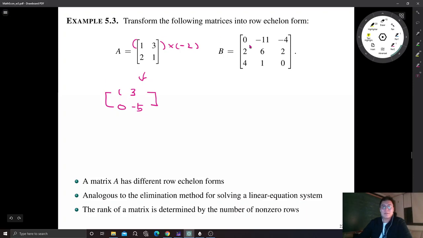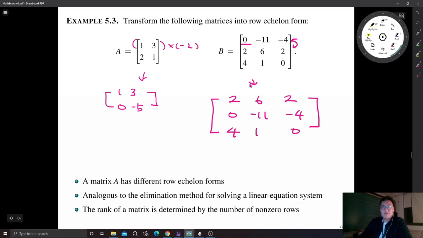Similarly, we can transform matrix B into echelon form. First, we have a leading 0 in the first row, so we first interchange the first and second rows. So we have 2, 6, 2, 0, negative 11, negative 4, and 4, 1, 0.